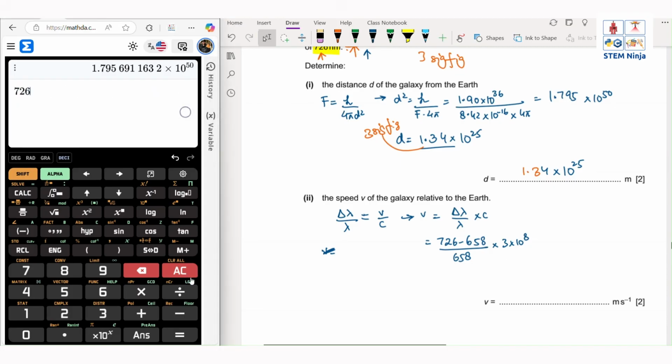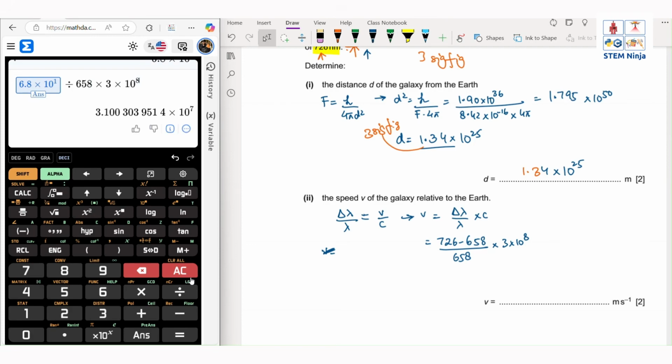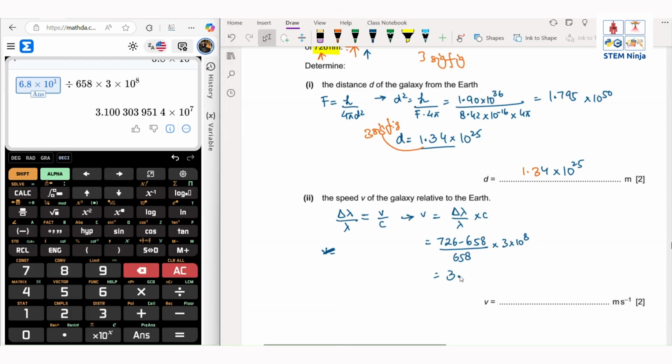So 726 minus 658, divided by 658, times 3 times 10 to the power 8. So we get 3.10 times 10 to the power 7.